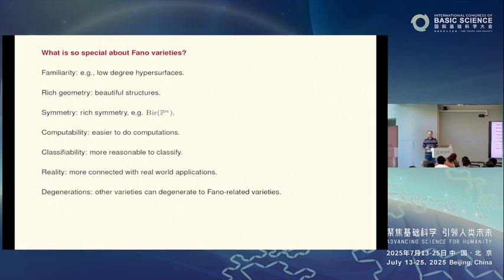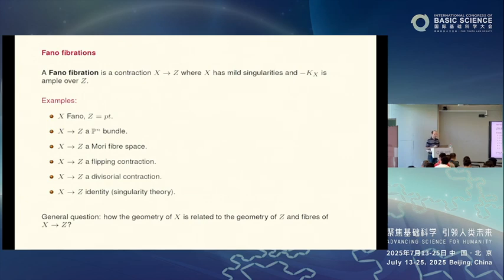So, for example, in the mirror symmetry world, this is probably one of the most common techniques. To do something about Calabi-Yaus, you degenerate them into a union of Fano varieties, and then you do computations. In fact, this is one of the main ways even to construct mirrors and so on. Okay, so again, that's just a sample of why Fano varieties are important.